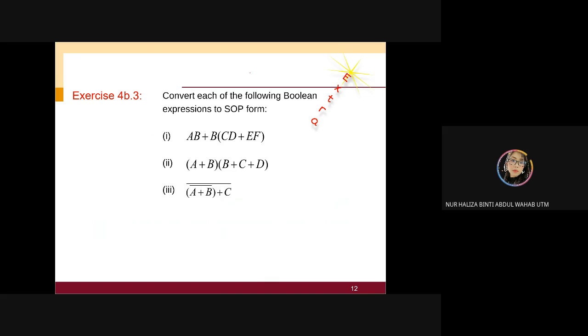Now you can see it says convert each of the following Boolean expressions to SOP form. Okay, let me teach you and we do it together one by one first. Let's say we have here AB plus B, CD plus EF equal to AB plus, what happened here? You cannot just leave it like this.